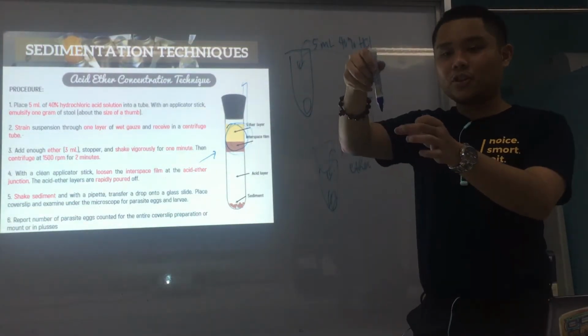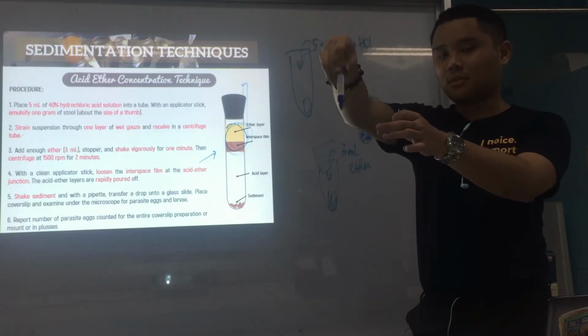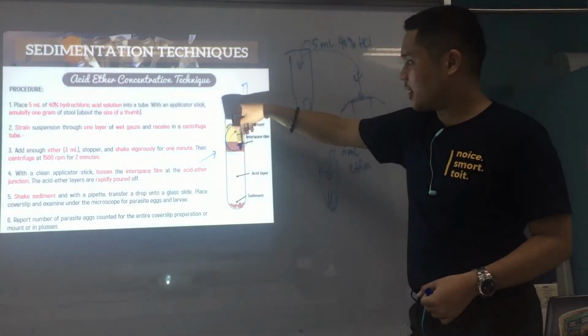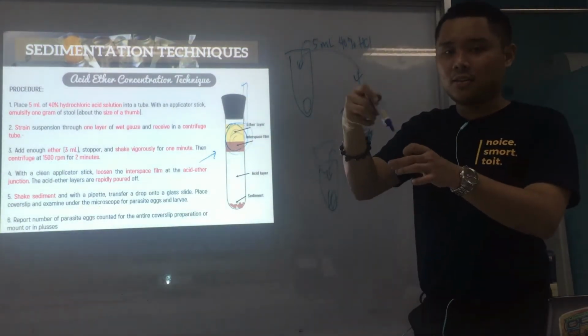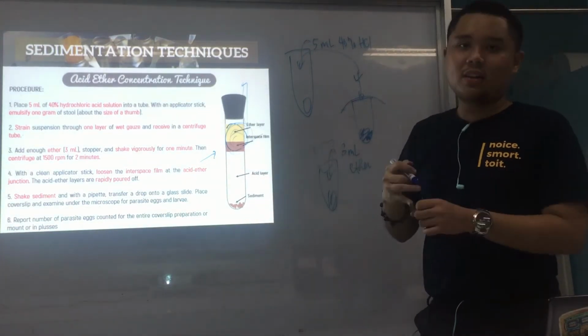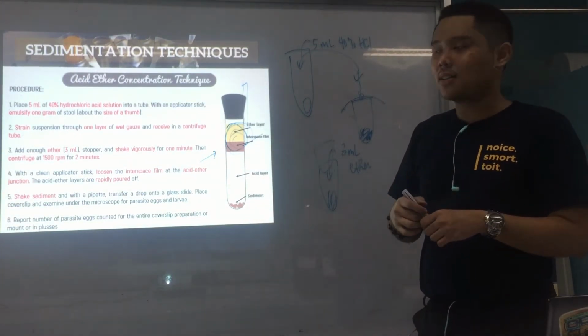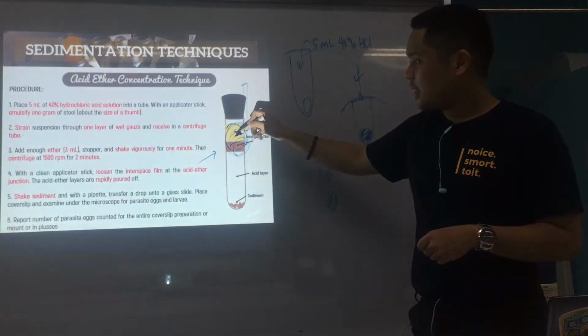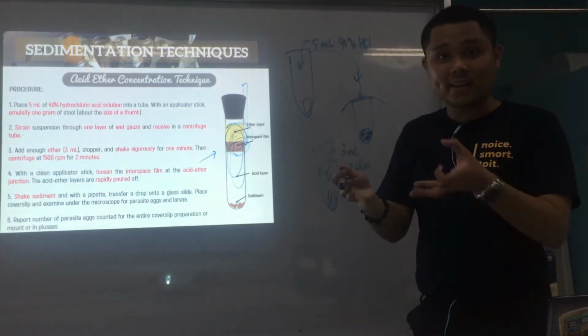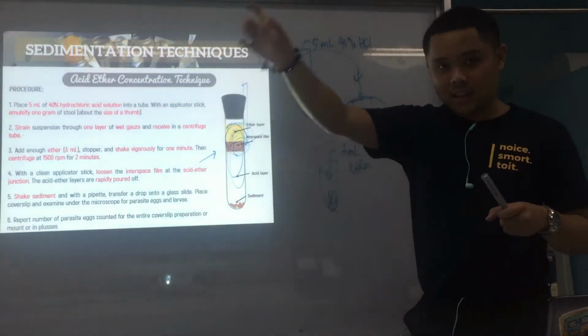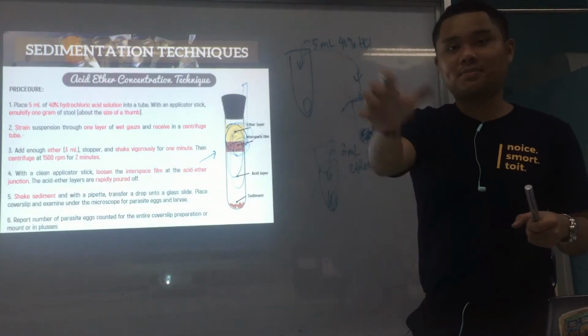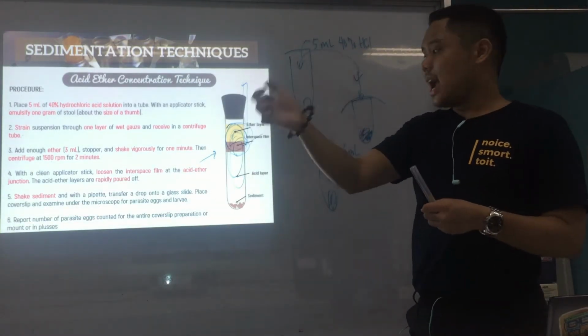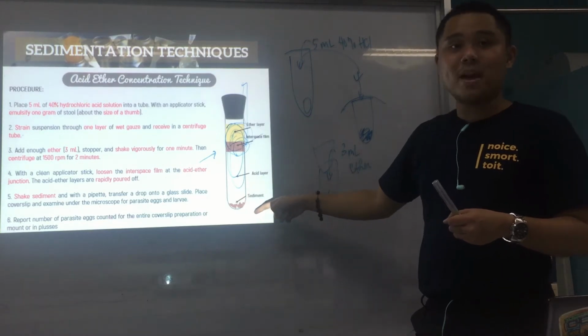You insert your applicator stick in the tube and loosen the plug. This contains the debris and other unwanted materials. When this loosens, the layers combine. So what happens is we decant, bottoms up, decant everything. And then what we now have is your sediment.